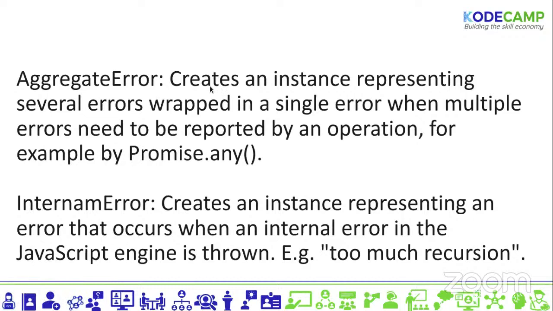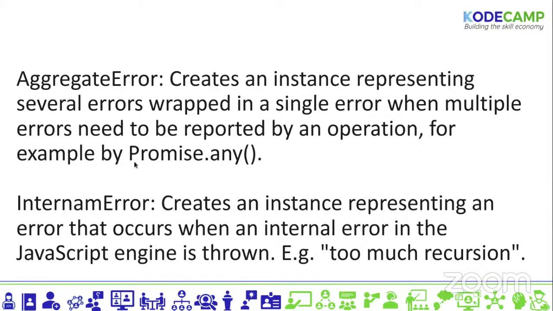Aggregate error creates an instance representing several errors wrapped in a single error when multiple errors need to be reported by the operation. So this works with promises, when you say promise.any.